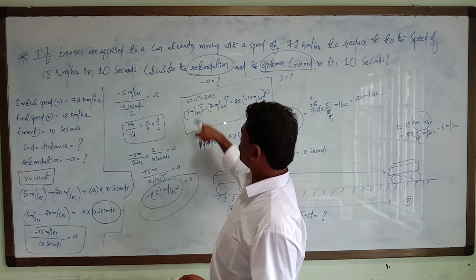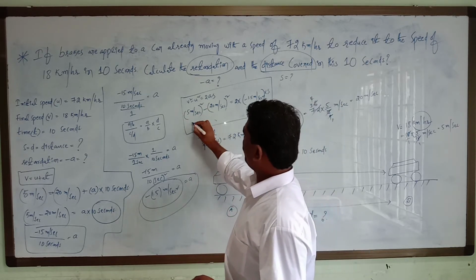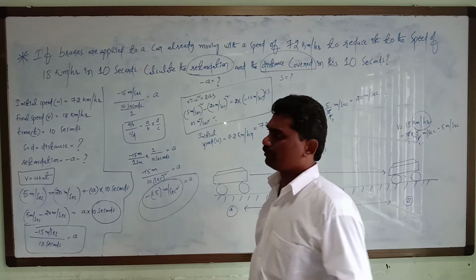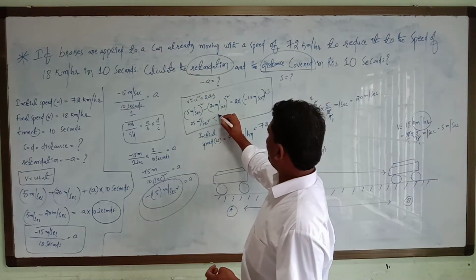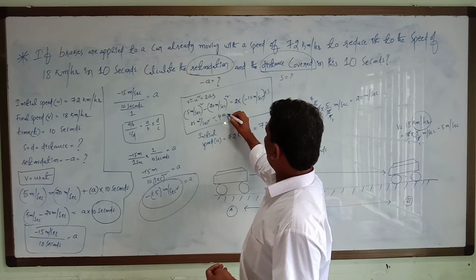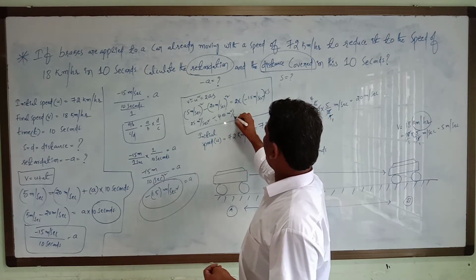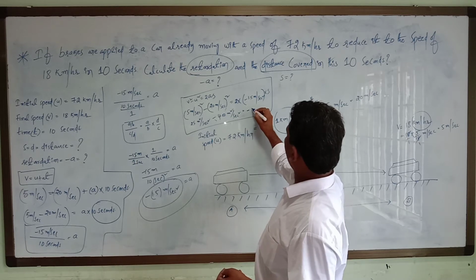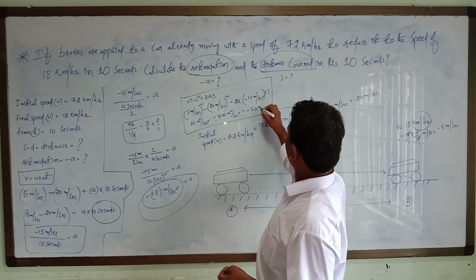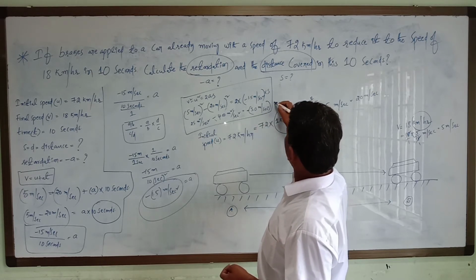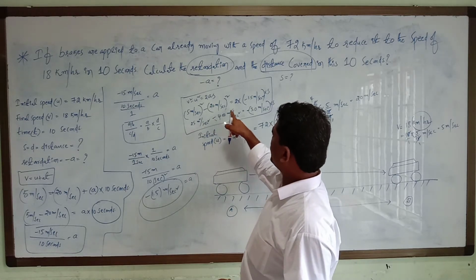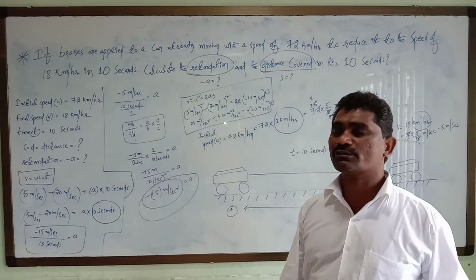5 meter per second whole square, so 5 square is 25 meter square per second square, minus 20 square, that is 400 meter square per second square, which is equal to minus 3.0 meter per second square into distance. 25 meter square per second square minus 400 meter square per second square is 375.